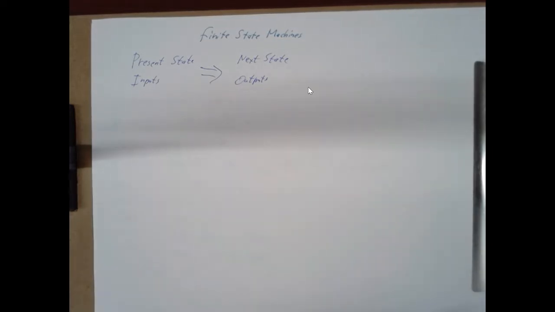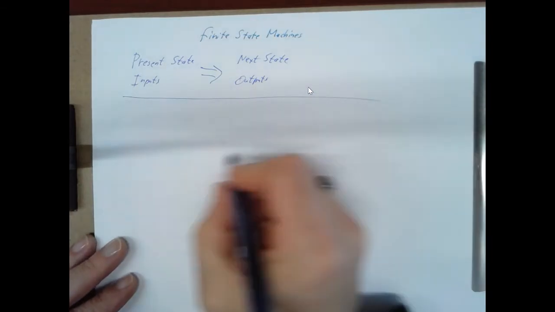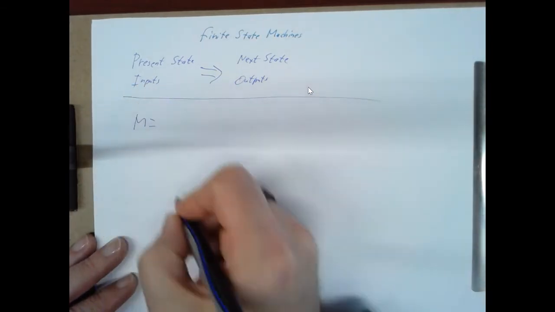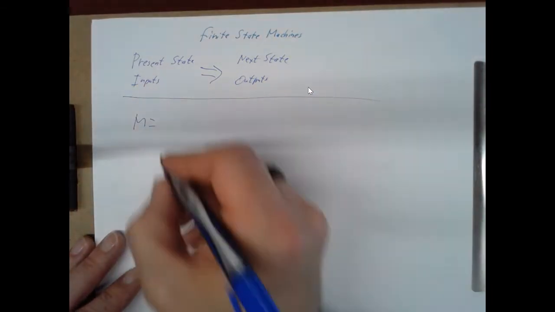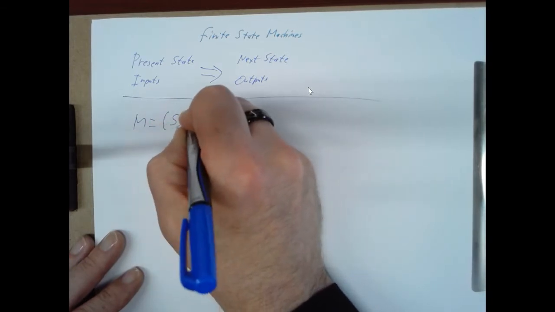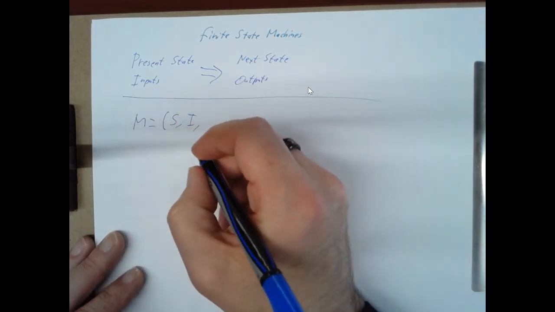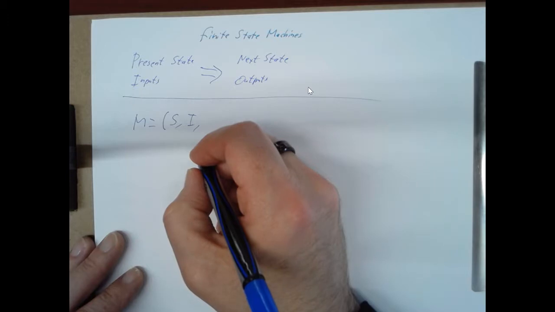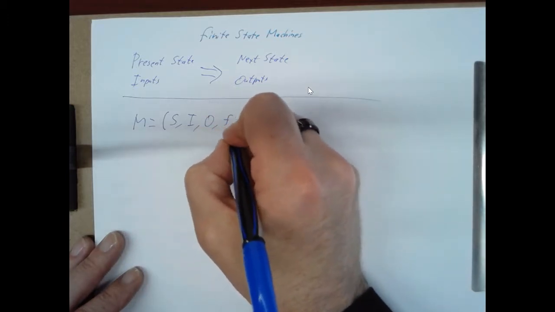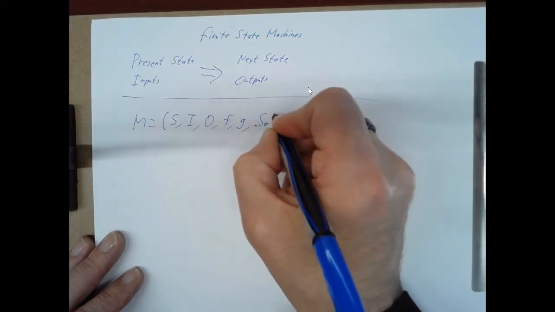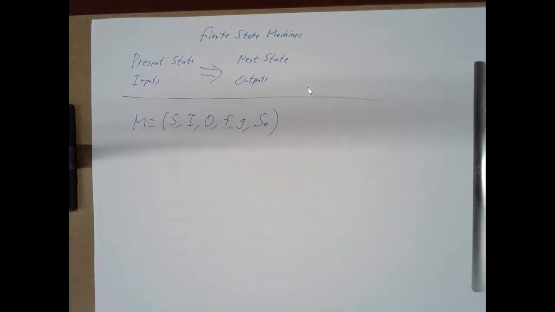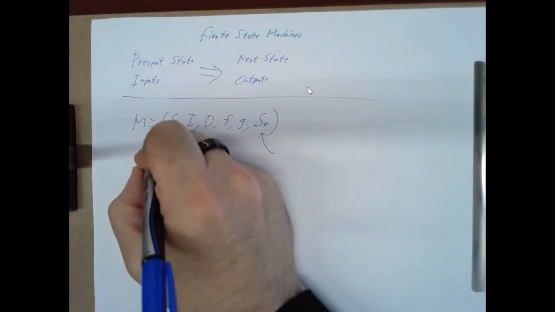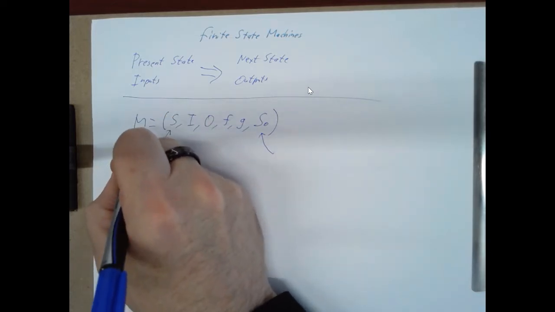And we can go mathematical on this and say this machine is a 6-tuple, which we'll call S, I, O, F, G, and S0. We don't really need to do this, but we will anyway. S is a set of states.